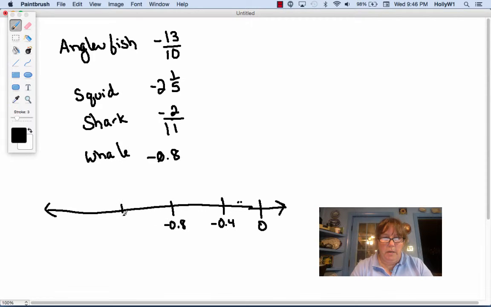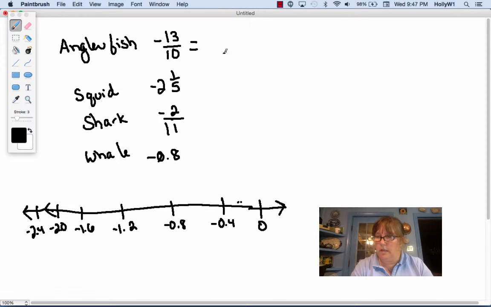This will be negative 1.2, and this will be negative 1.6. This will be negative 2.0, and if we extend our number line out this way, we have negative 2.4.